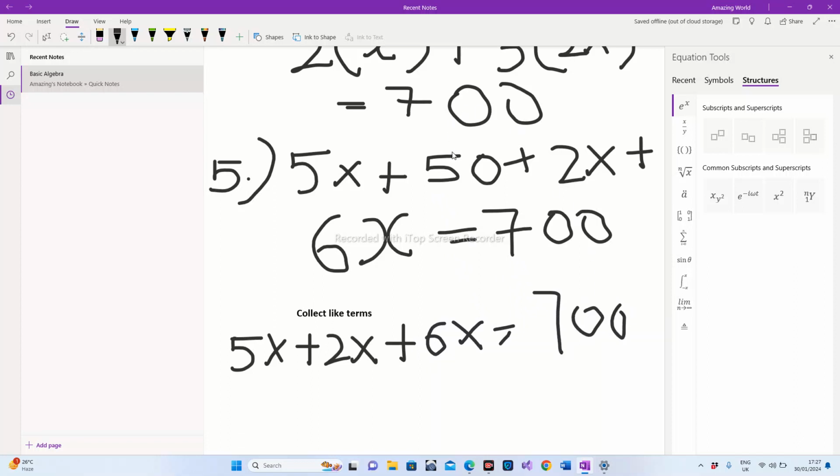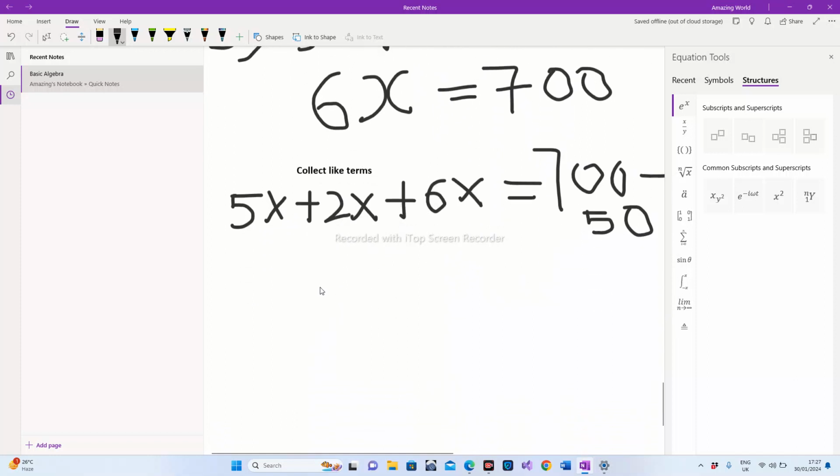Then this 50, when it comes over to the other side, becomes negative 50. So I have to work with the space that I have been allocated. Let me make this very clear. So this is the equality sign: 5x plus 2x plus 6x equals 700, which we have here, subtracted by 50.